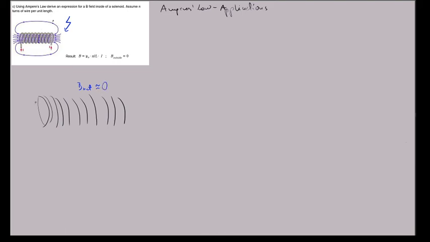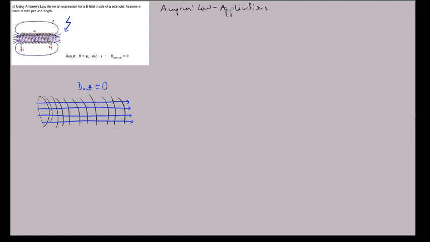And we're going to say that the field on the inside is not just strong, but that it is also constant, and it's along these straight lines, which is true to a good extent. If you look at the picture of the actual field, roughly speaking, it stays linear and constant throughout the inside of the solenoid. But once you get to the edge of it, you will see that it curves a little. So it's no longer true that it would be constant out here, but we will ignore that piece.